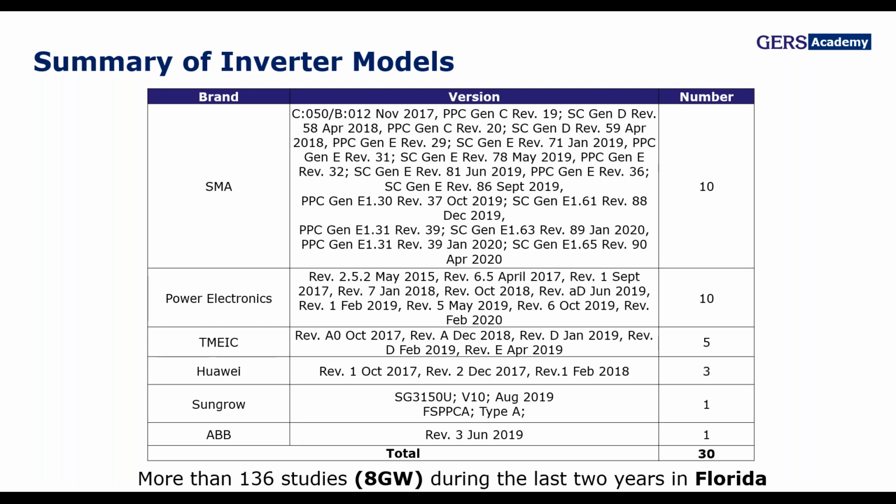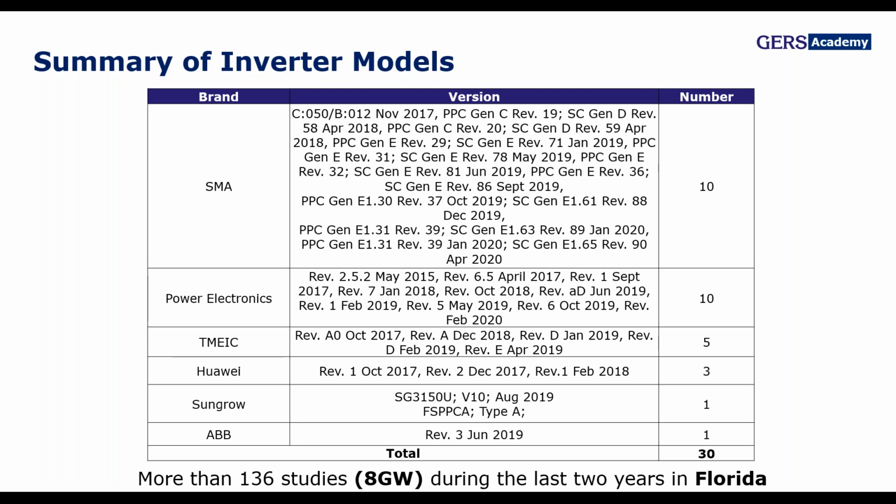What is interesting from this table is that you can see different versions of the models, different revisions. Some of them were created in 2015 and have changed up to now. What results from a technology change?